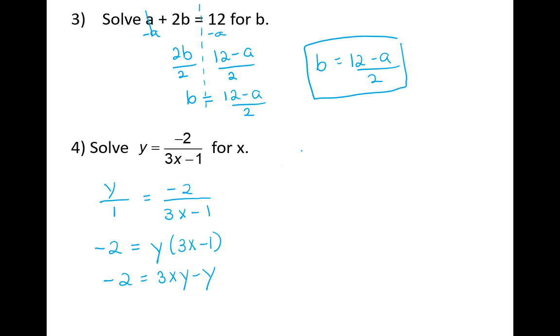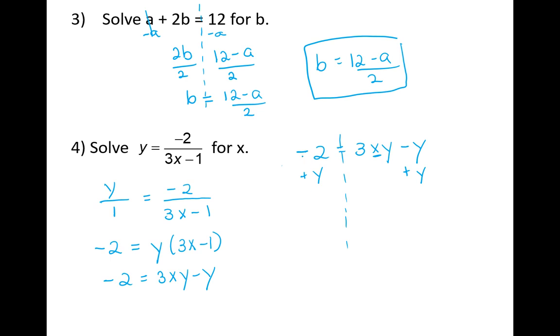Okay, you may not think that looks much better, but let's keep going. We're trying to solve, and it's really important that you remember we're trying to get the x by itself. Think of this as that imaginary scale. Add y to both sides. And this side becomes negative 2 plus y or y minus 2.